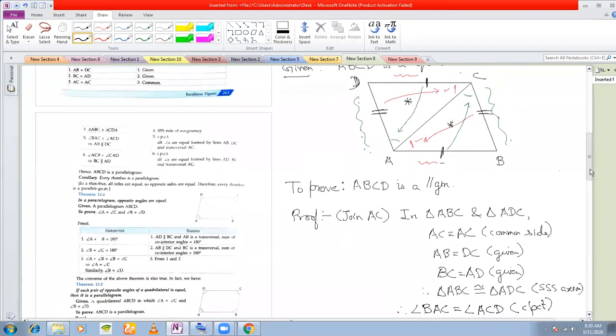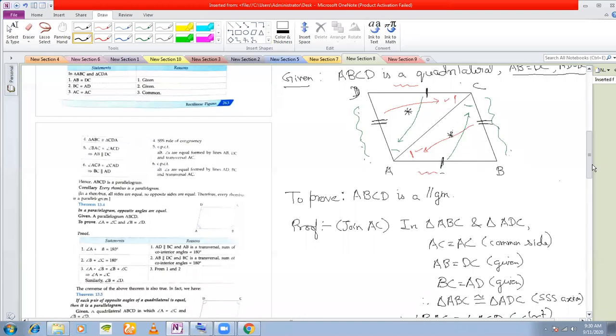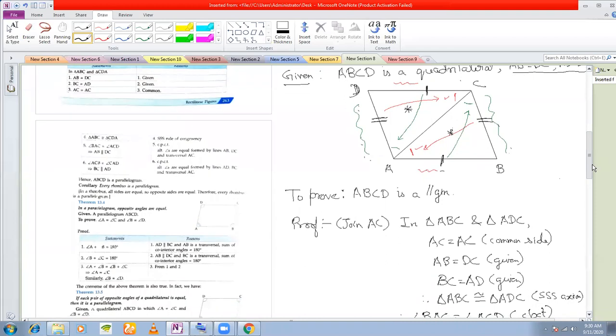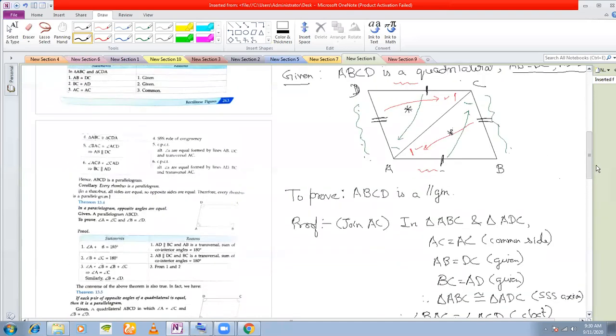And therefore, AB must be parallel to DC. Also, the green angles here are equal. That is, angle ACB is equal to angle CAD, again by CPCT. Again, these are alternate angles. Therefore, AD is parallel to BC.